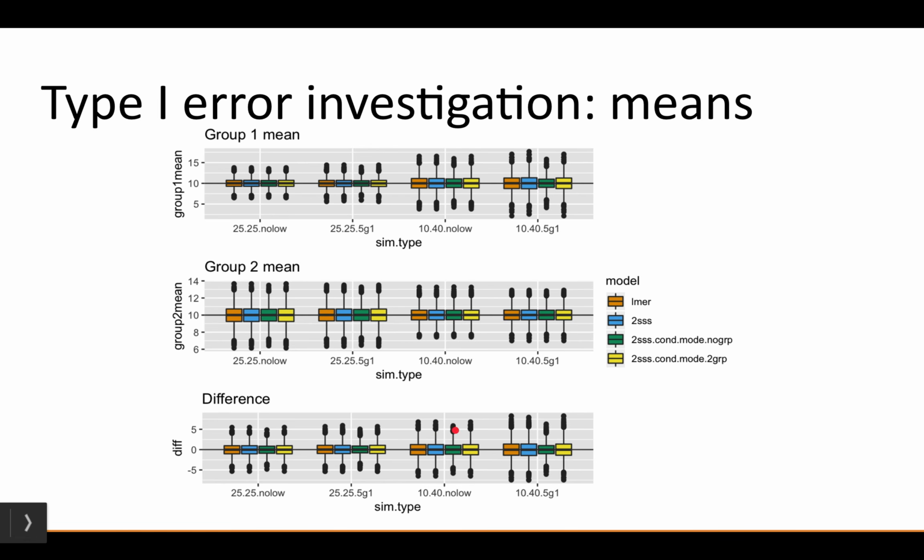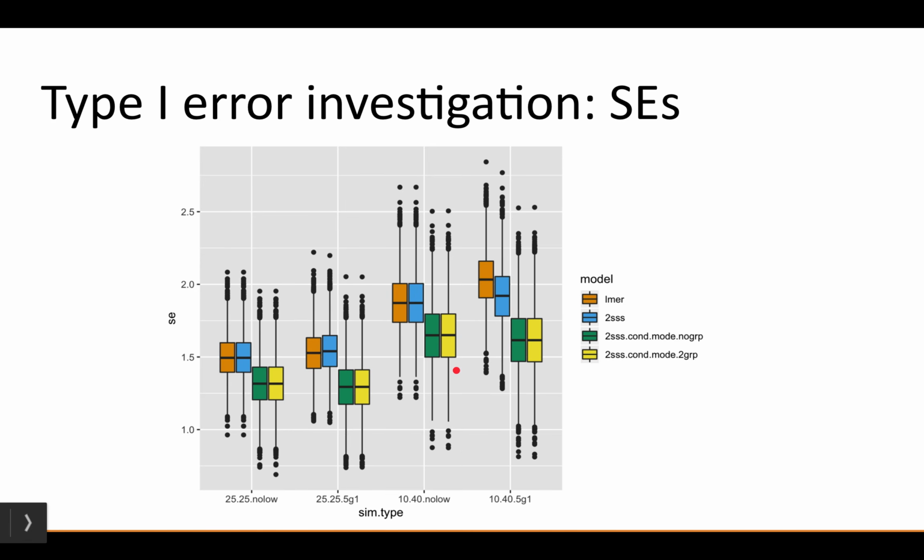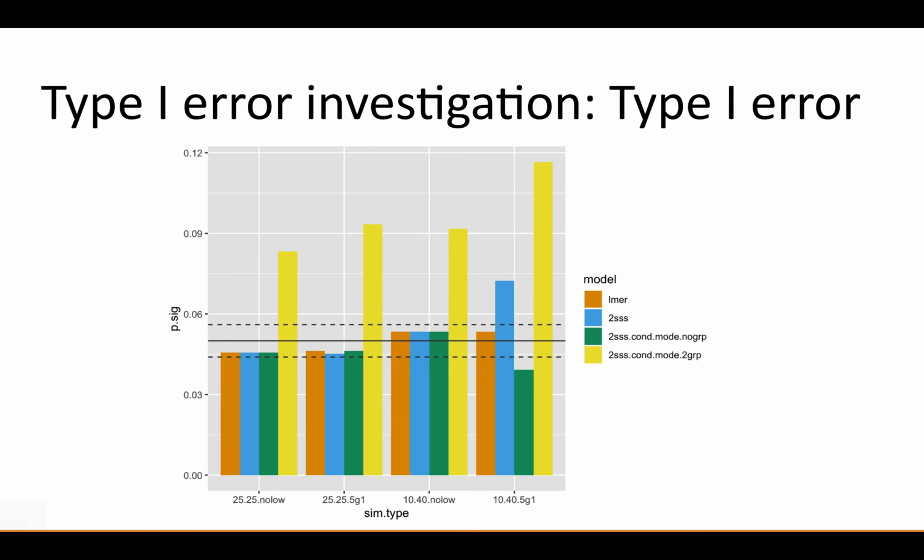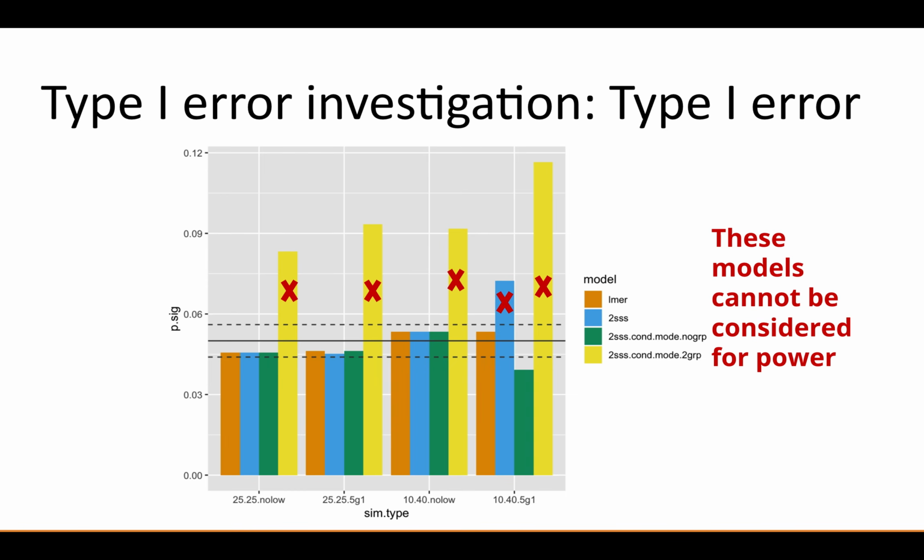Remember, generally the values were shrunk towards 0, so the numerator is biased towards 0, and the denominator is too small, and too small cancels out too small, and you end up with preserved type 1 error. So we'll see if that's still okay. So far, only these are out of the game. We cannot consider these for power, so I'm going to ghost out the bars when I look at power.